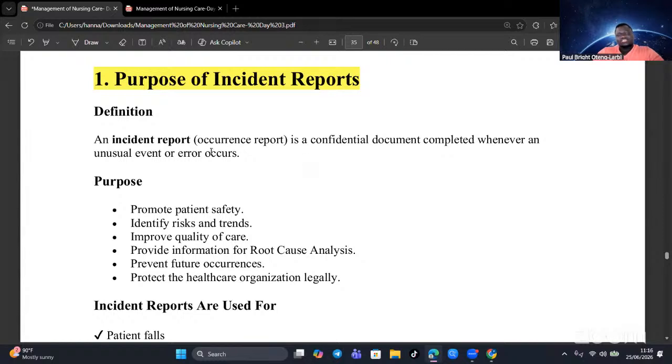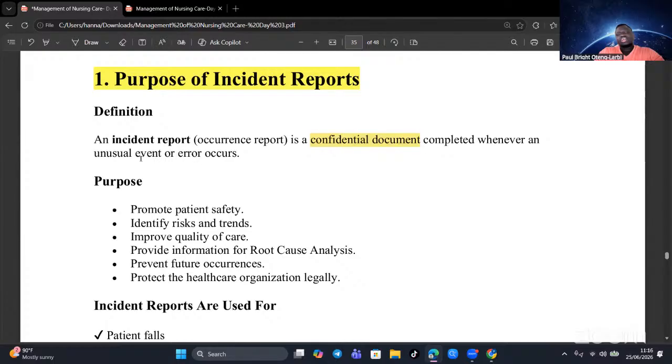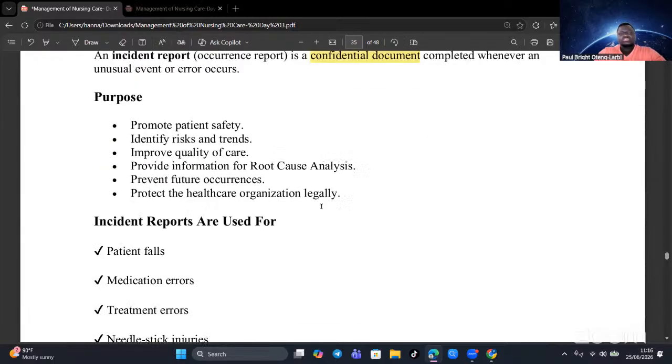So an incident or occurrence report is a confidential document. Take note. Okay. Completed whenever an unusual event or error occurs. So what's the purpose? To promote patient safety, identify risks and trends, improve quality of care, provide information for root cause analysis, prevent future occurrences, and protect the healthcare organization legally.